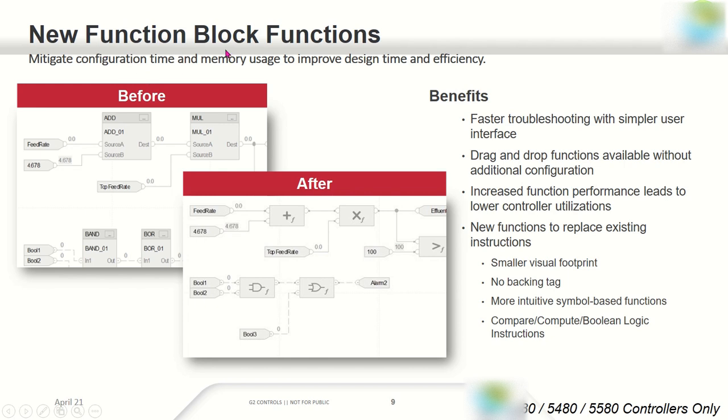Then the new function block structure. Previously, in the 30 version, the FBD looked like this: add block, multiplication block, AND and OR. In the new 32 version you see they reduced the size of the block and just show the plus sign, meaning addition, multiplication, then AND and OR functions.